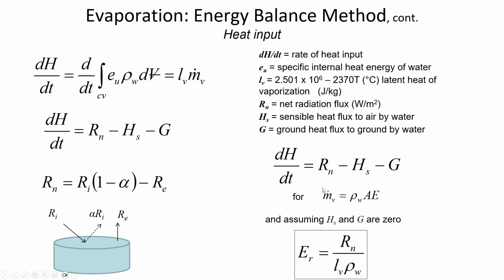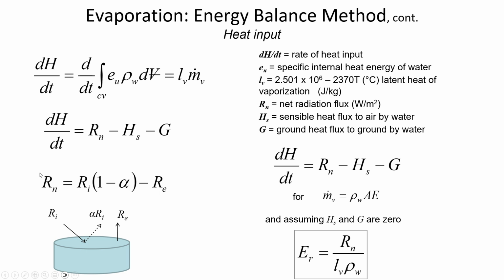So we need to account for the incoming solar radiation, R sub I. Alpha is how much of the incoming solar radiation is reflected off of the water surface. We also need some means of estimating the emitted radiation, R sub E, and we can estimate that based on the temperature of the water. The temperature of the water will give us an idea of how much energy it's radiating back to space.